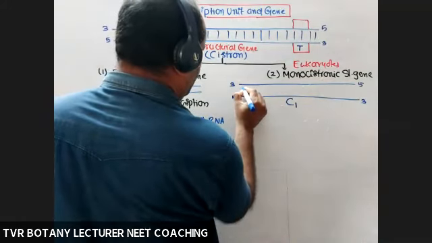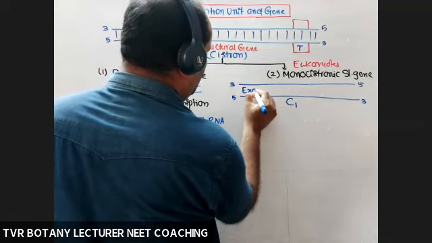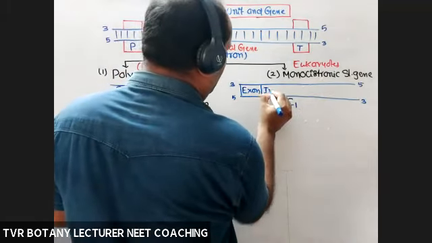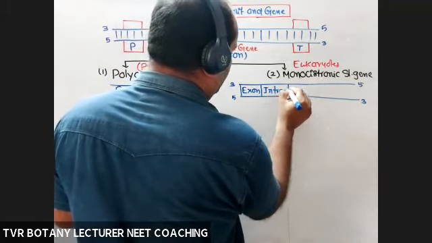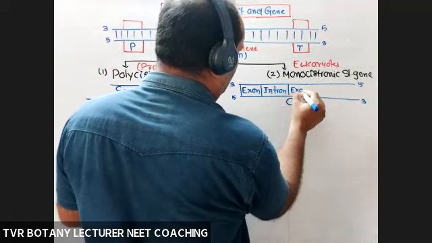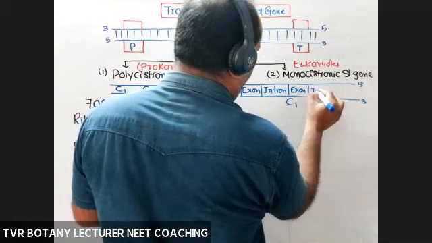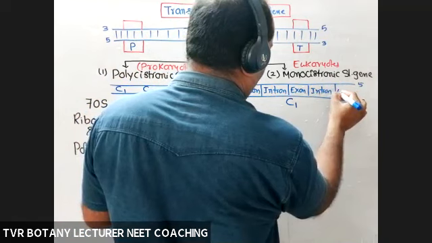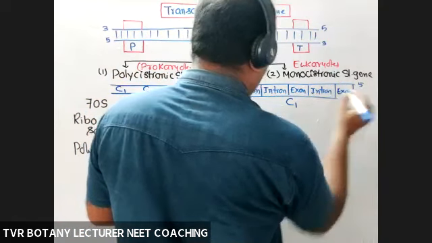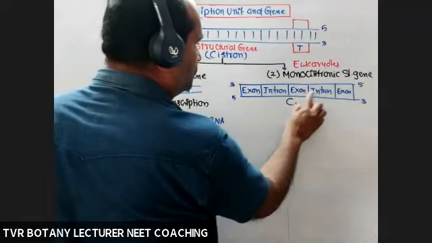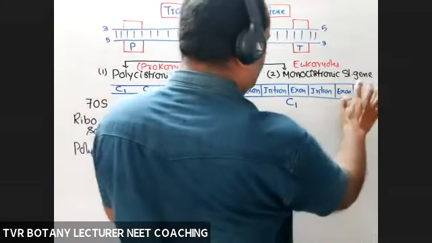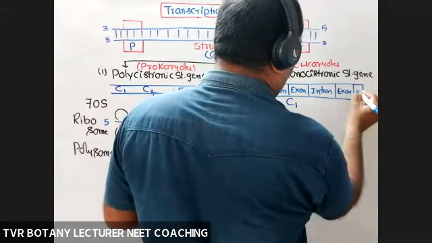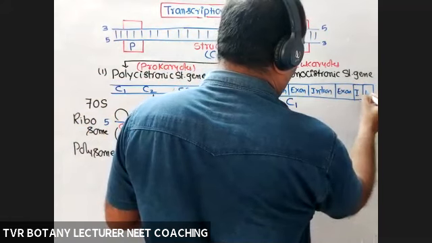So this one is an exon, the coding part; intron, the non-coding part; exon, coding part; intron, non-coding part. Exon, coding part. Take one more also: intron, exon.